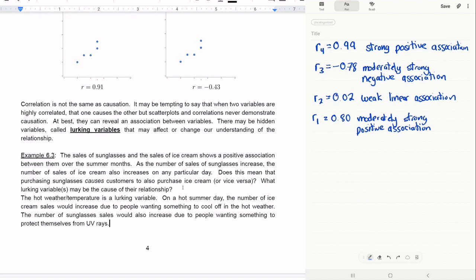Okay, so it's the hot weather that is causing both of the sales to increase, and not that one variable increasing will cause the other variable to increase. So the lurking variable would be the hot weather or the high temperatures.